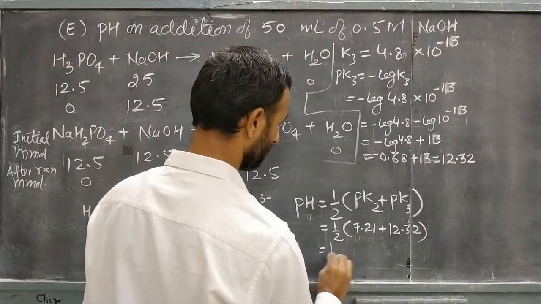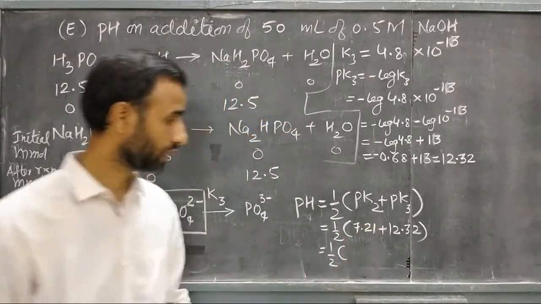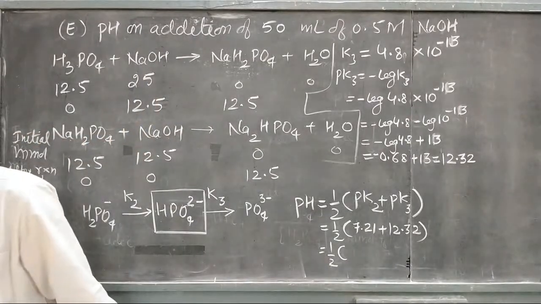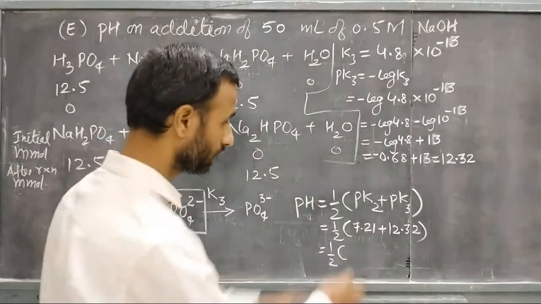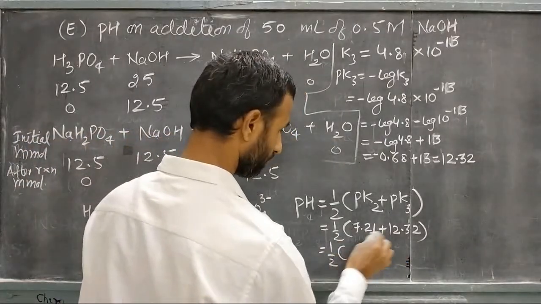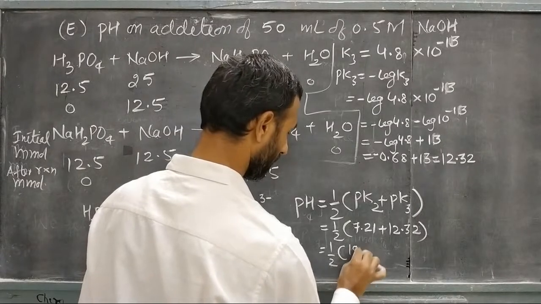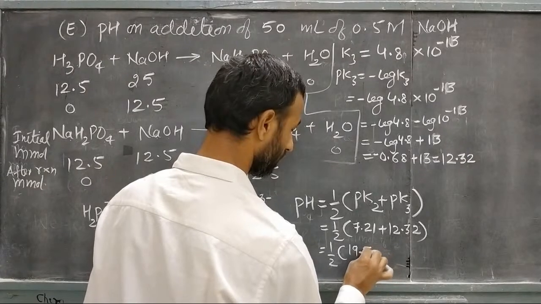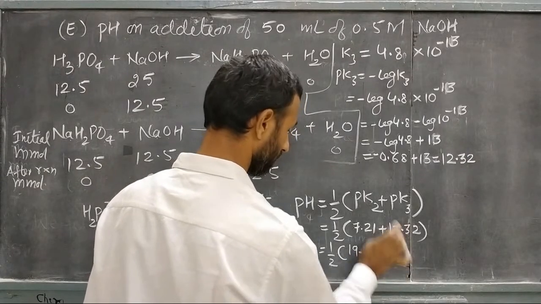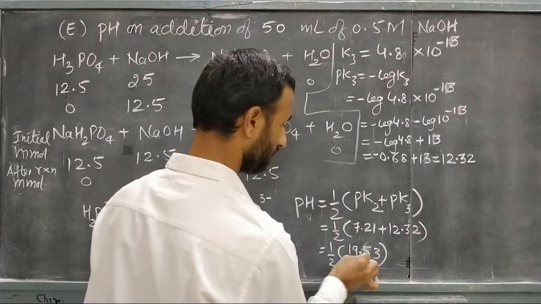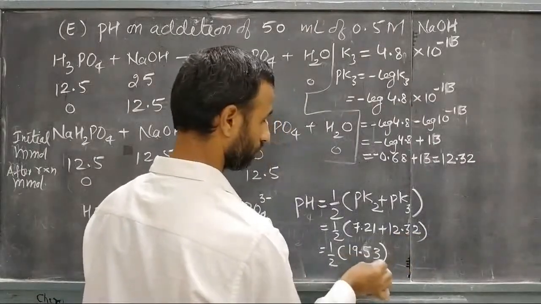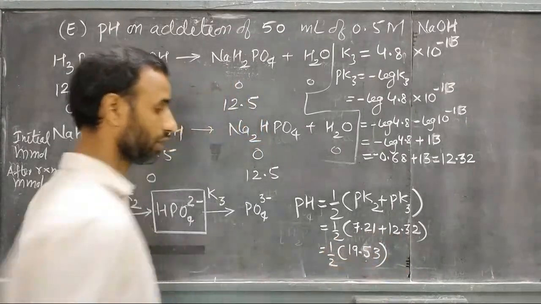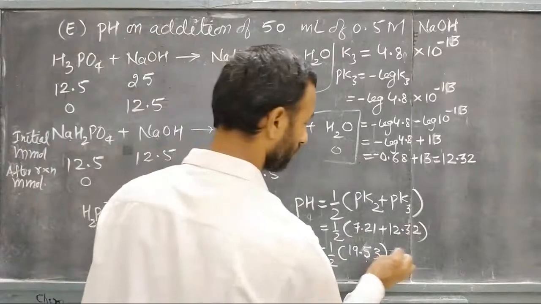So it is half of 7.21 plus 12.32, which is 19.53.